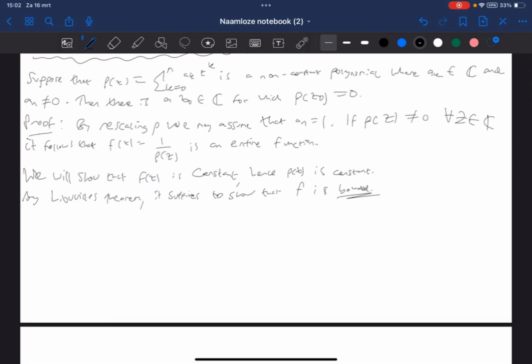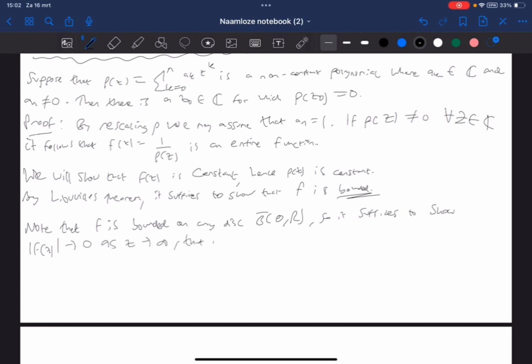As such, note that f is bounded on any disk B centered at 0, radius R. So it suffices to show quite clearly using Liouville's theorem that the modulus of f of z will tend to 0 as z tends all the way up to infinity.